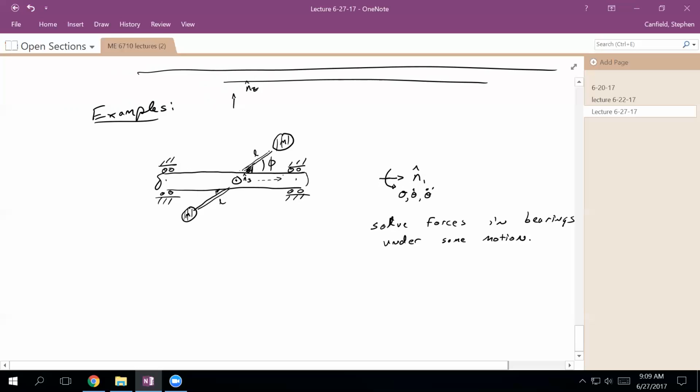I said it's useful to maybe write rotation matrices for each of the intermediate frames. So it looks like first I get a rotation around the one axis by this theta.